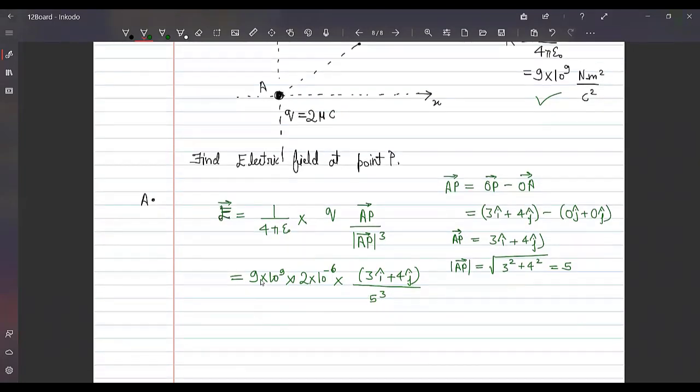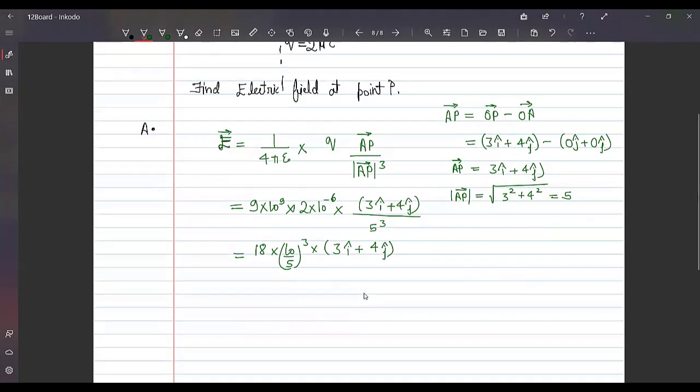A little bit of calculation: 9 into 2 is 18, 10 raised to 3, divided by 5 cube. 10 cube by 5 cube, that is 2 cube, which is 8.